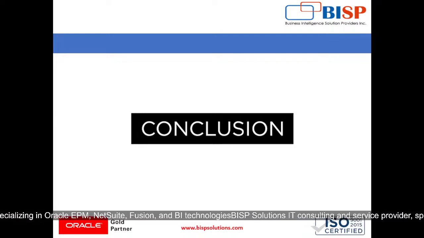Then we have discussed initial system configuration, where we explored the foundational steps for configuring our NetSuite system, such as setting up company information, fiscal calendars, taxes, currencies and subsidiaries, which ensures our environment aligns with our business operations from day one.